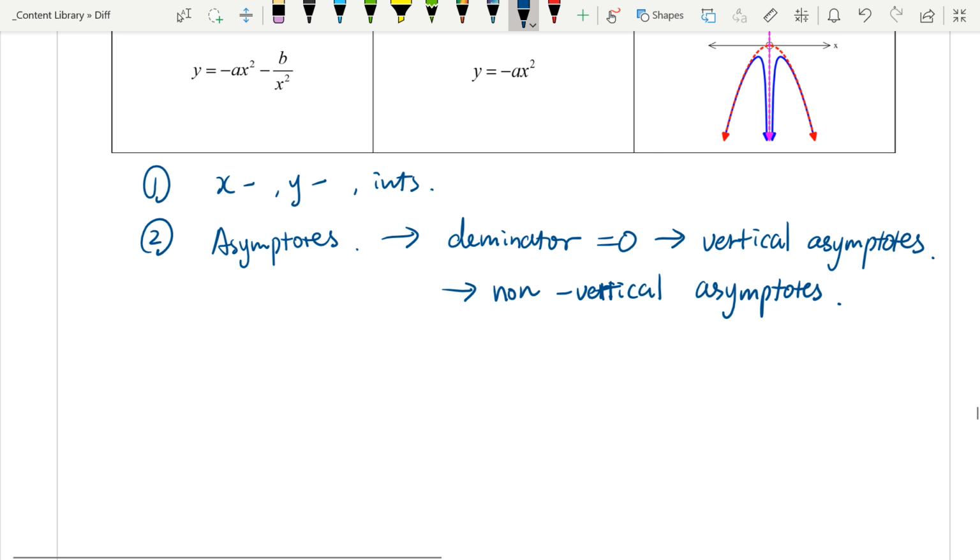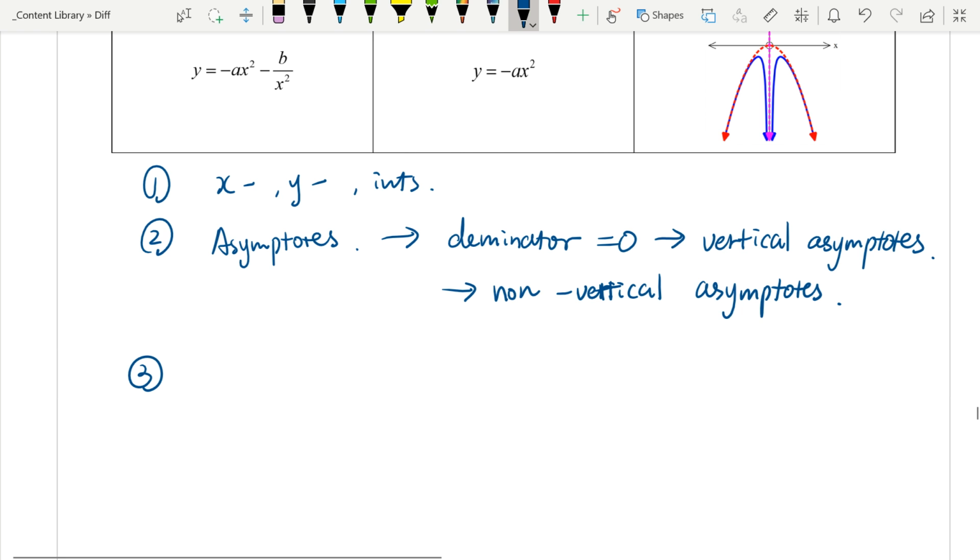So think about denominator equals 0, that gives you the vertical asymptotes, and think about the whole part, except the fraction, the other part will become the non-vertical asymptotes. And any horizontal one will be the regular one, like rectangular hyperbolas, those horizontal ones.